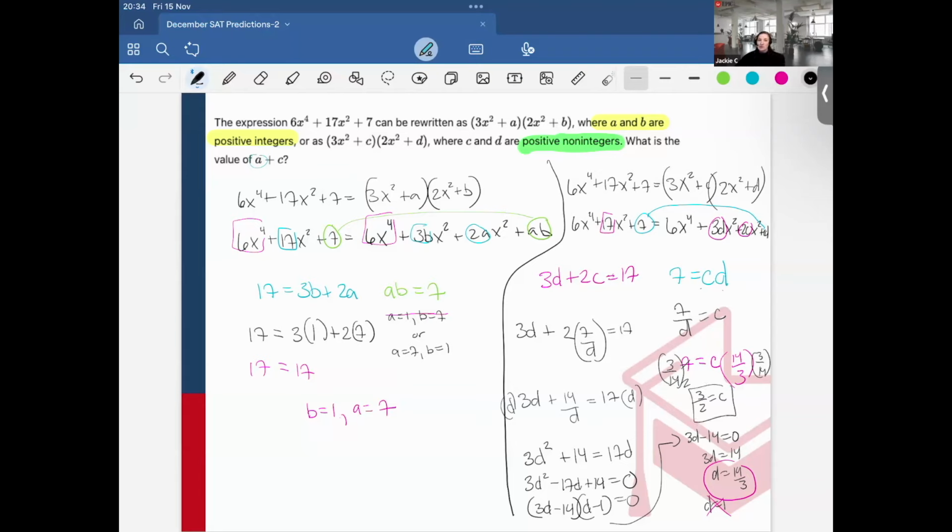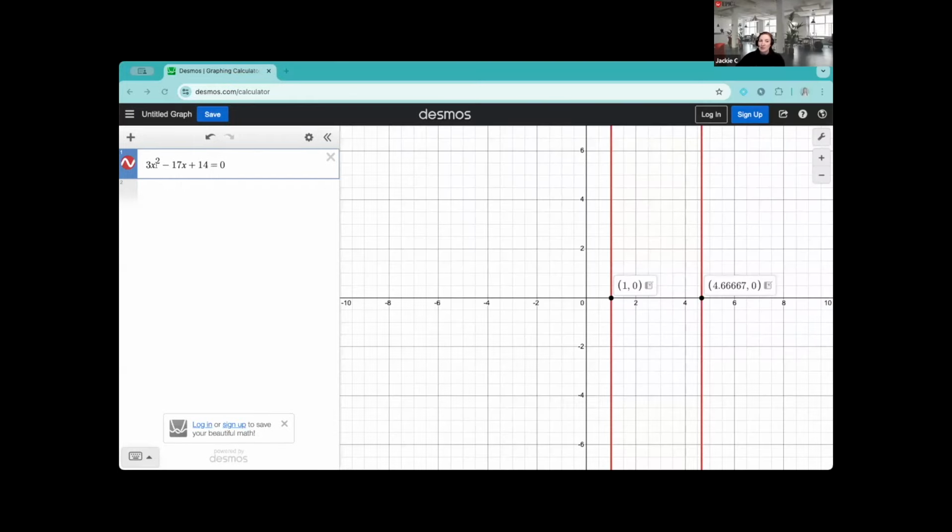And also just to show in case you didn't get how I factored it so quickly, I could go through a whole process of factoring, but an alternative way would just be to whip out your Desmos calculator. I just put x instead of the d, and then I can see where the x-intercepts are. There's 1 at (1, 0), which was exactly what I solved for, d minus 1.